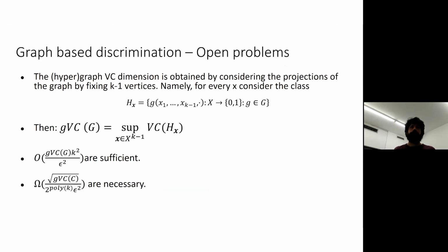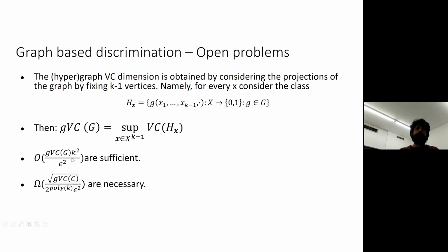Another set of open problems that we have is what happens if we go to hyperedges. I didn't talk about hyperedges, but you can pretty much imagine how this theory extends. Everything I said extends to hypergraphs. The graph VC dimension is defined by fixing all points other than one point. And here there is a very loud gap, in the sense that, don't even look at the square root, that is probably fixable, the question I asked before.